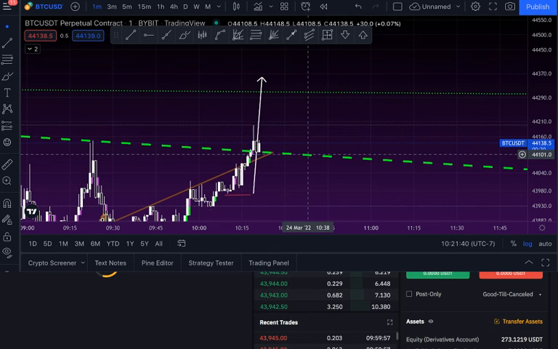Let's just check the price of some other coins. Jewel, DFK, really nice pump. It's going to be ranging, I think, though, between like 7 and 6.